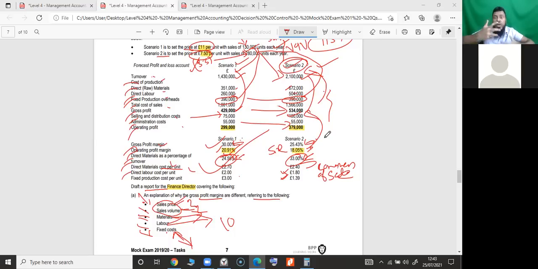But when you go through the comparison, you're not at best compared to scenario 1 in terms of cost control and setting the selling prices. Another reason in the model answer is taking the market share. Maybe in scenario 1, you are selling east and west of London, not the north and south.